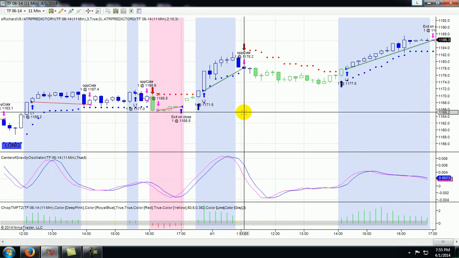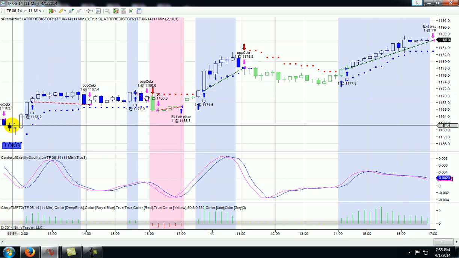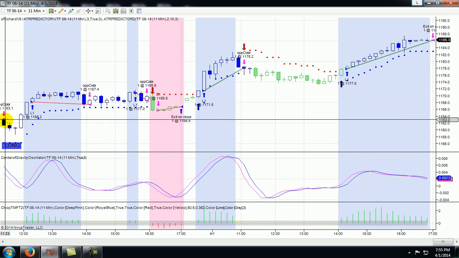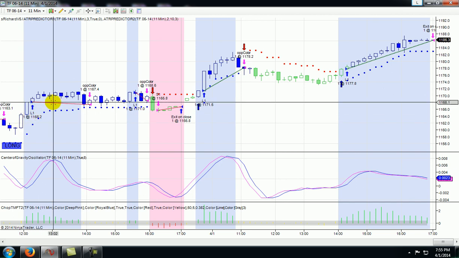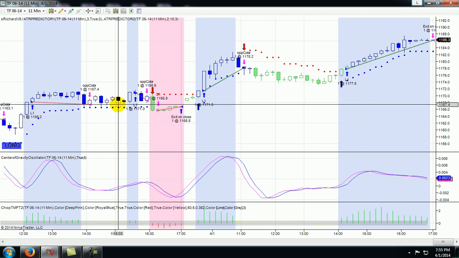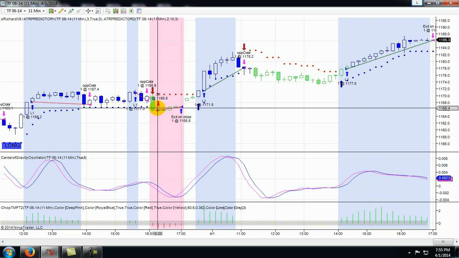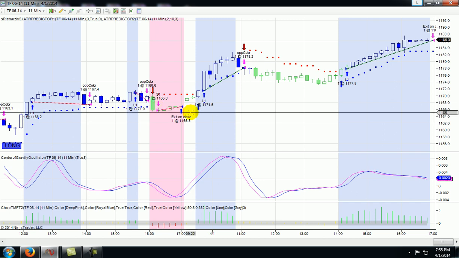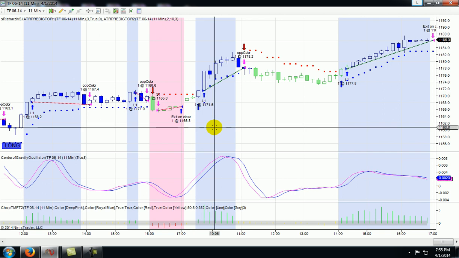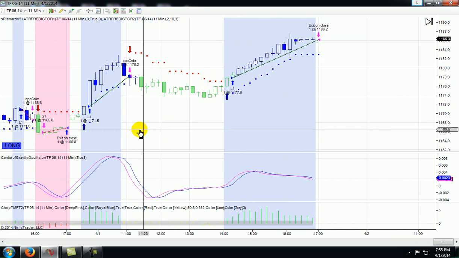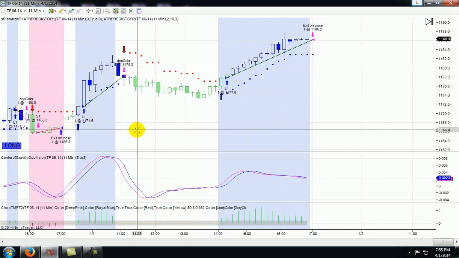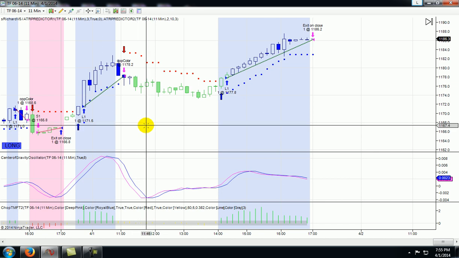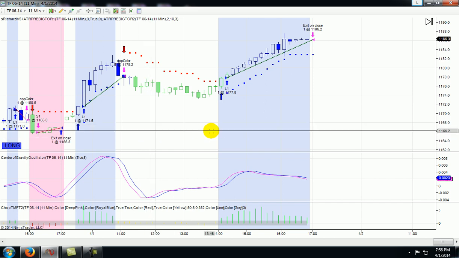I'm hoping to be able to find out exactly what the code is in this ATR predictor so that I can apply it to my CGO. So I think it would vastly improve it. Not being a programmer like yourself, that's a bit of a challenge to me, and obviously it just takes money to be able to pay people to do this.